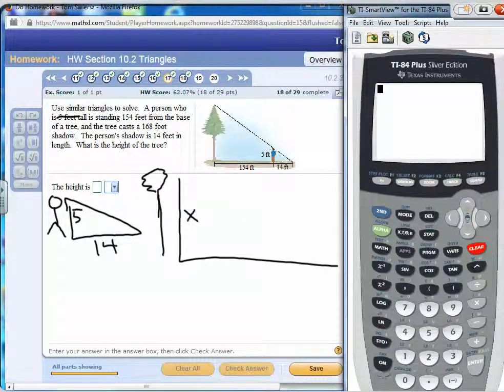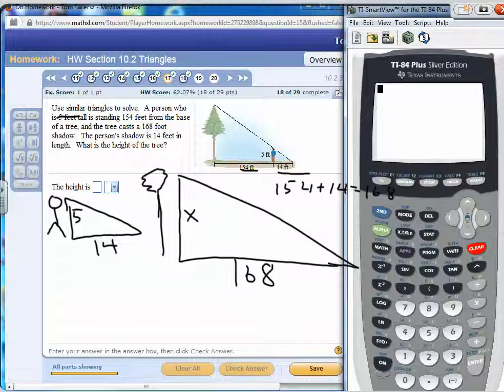This will be x, and the shadow of the tree is 168. Now notice 154 plus 14, there's another 14 there, so 154 plus 14 is indeed 168, okay? So then this side is the shadow is 168.